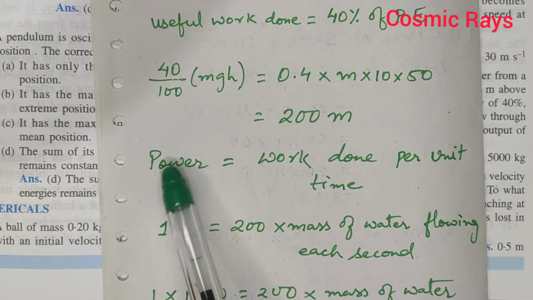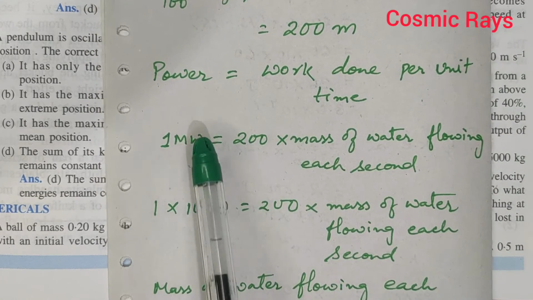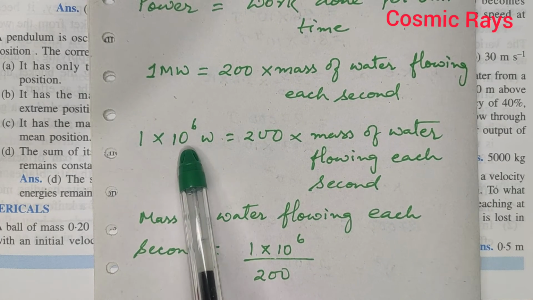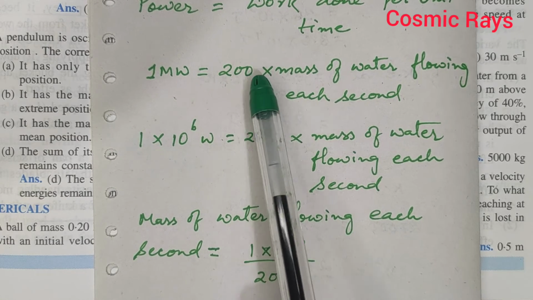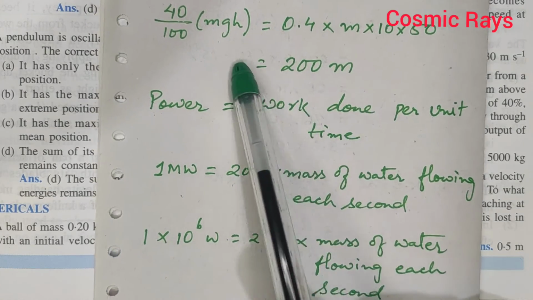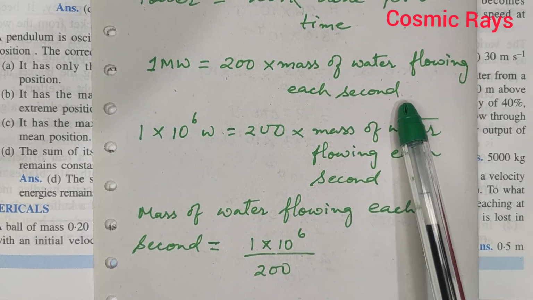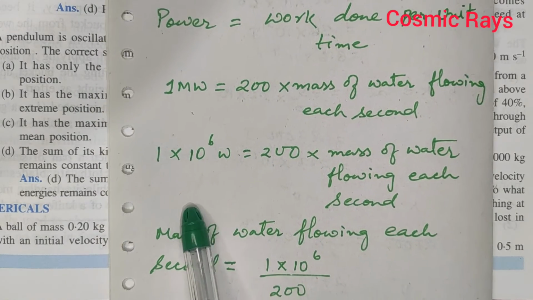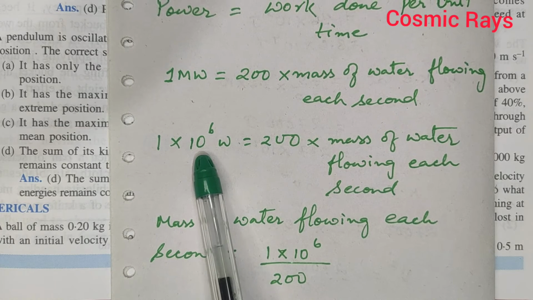Now we know that power is equal to work done per unit time. So power is 1 megawatt, which is equal to 1 multiplied by 10 raised to the power 6 watt. That is equal to 200 m, we have calculated it here. So 200 multiplied by mass of water flowing each second. So 1 megawatt, we have written it in terms of watt, and it is 1 multiplied by 10 raised to the power 6 watt.